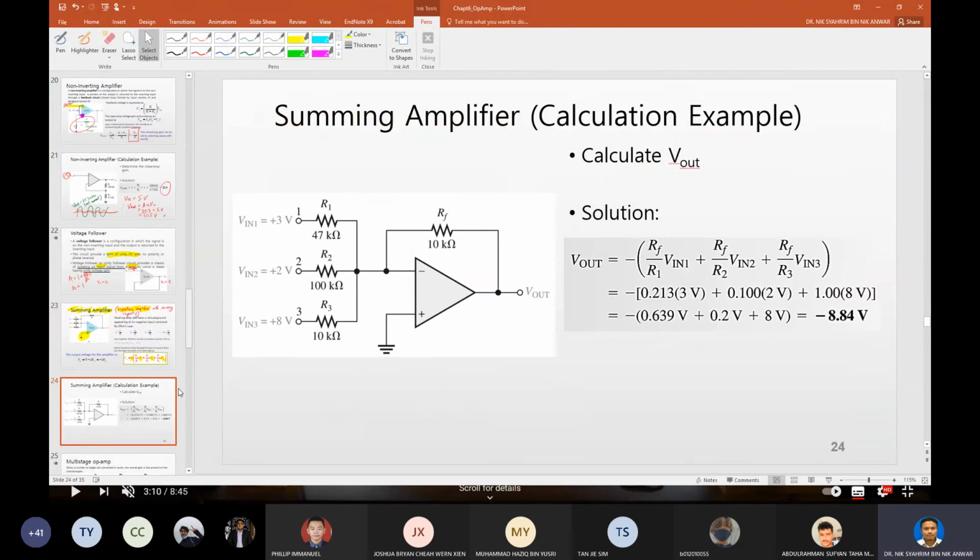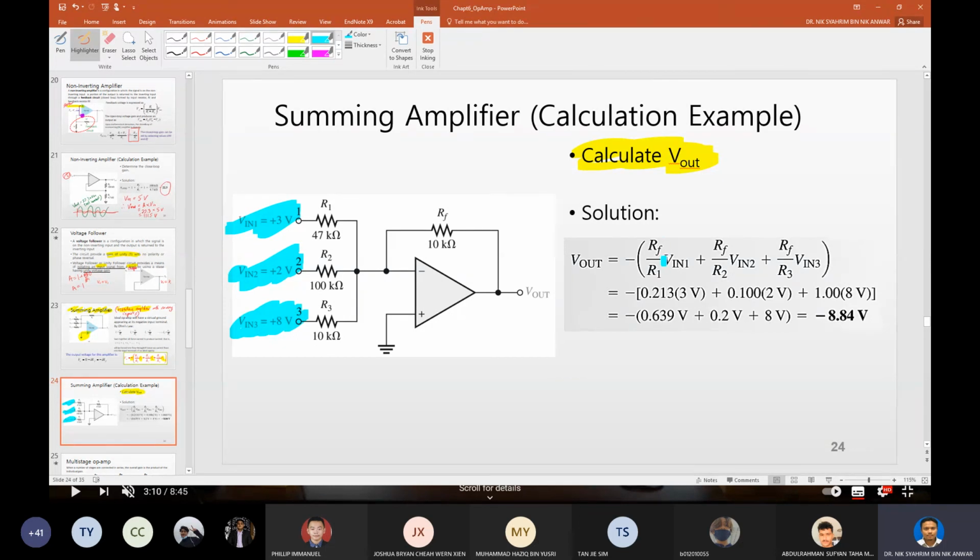So this is an example of calculation. The question asks to calculate V out. So what you will need to do is, you have three inputs: 3 volts, 2 volts, and 8 volts.